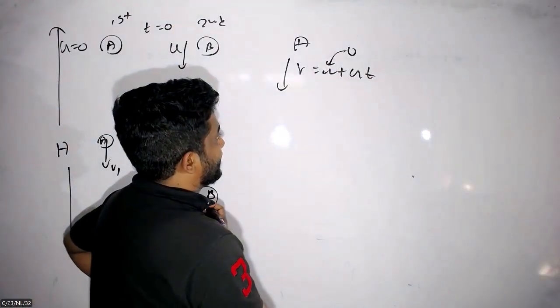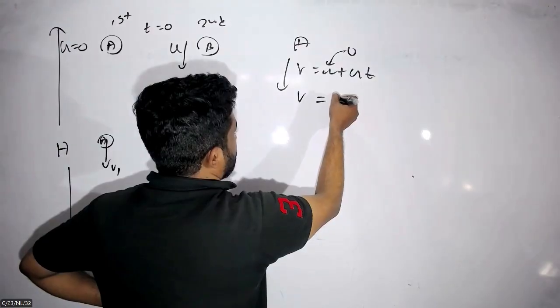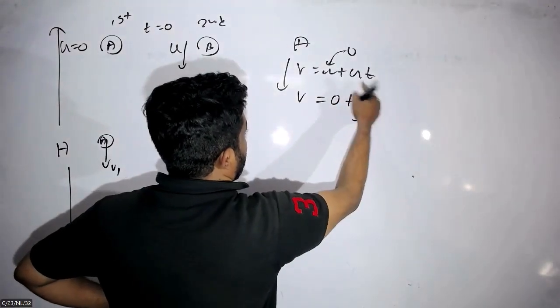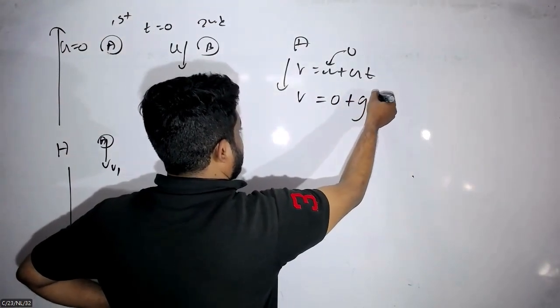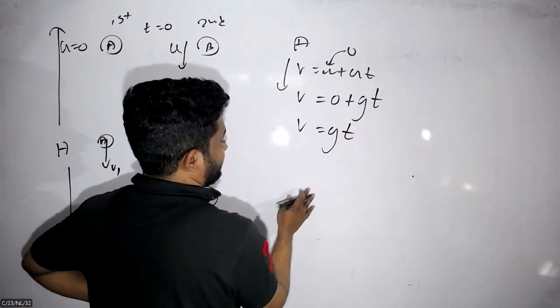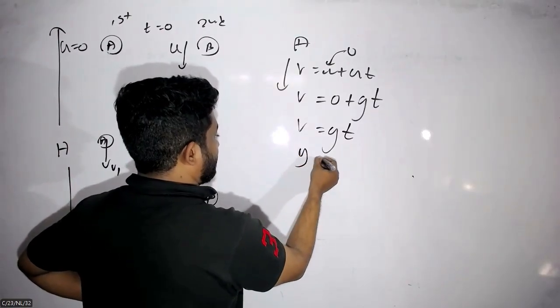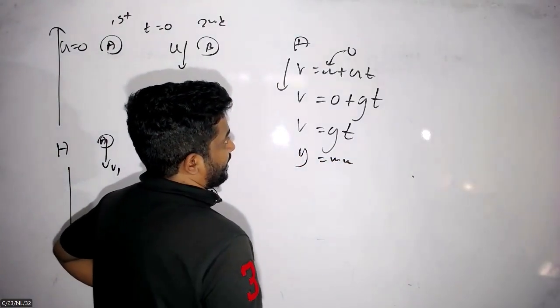Initial velocity is 0, so v is equal to 0 plus gravitational acceleration g into t. V equals gt. That means the shape of this variation is y equals mx.